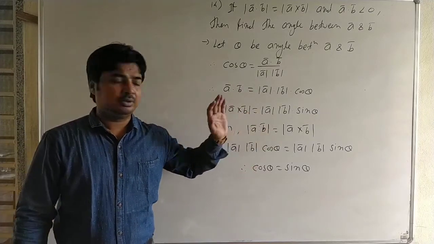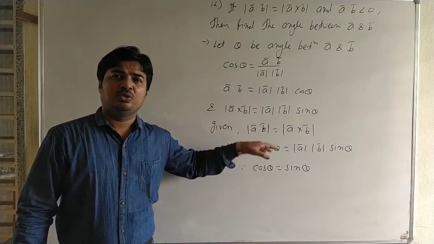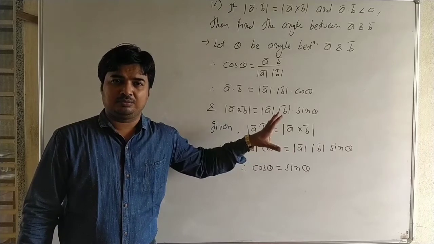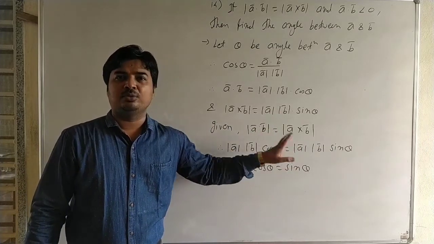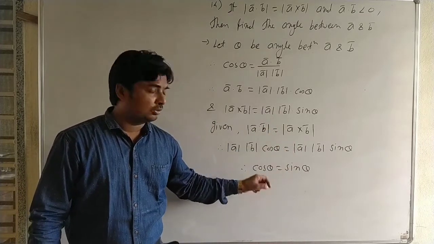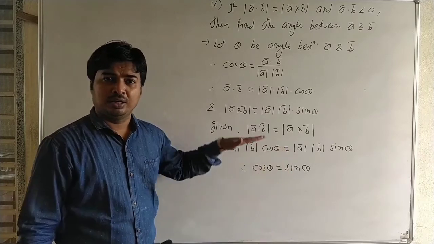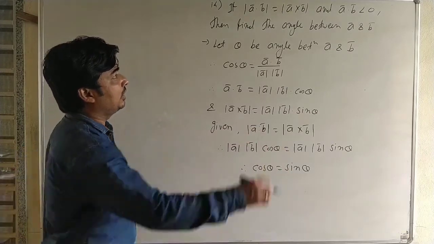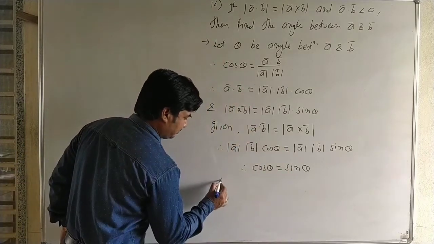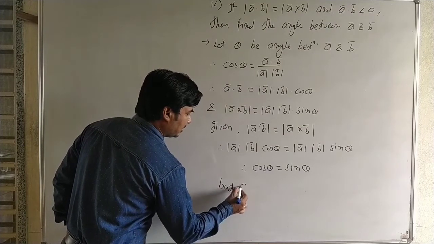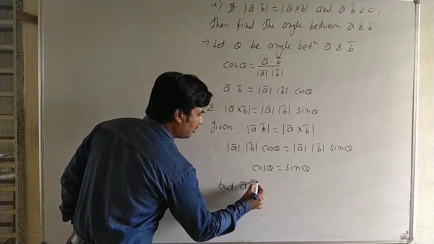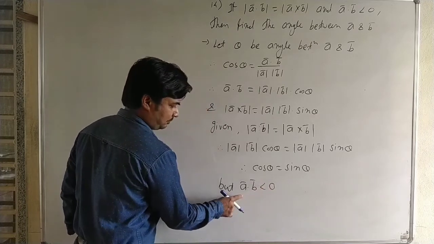Then we find the angle theta. We know that for the angle 45 degree, cos 45 and sin 45 are the same. Therefore theta is equal to 45, but here the given condition is a bar dot b bar less than 0.